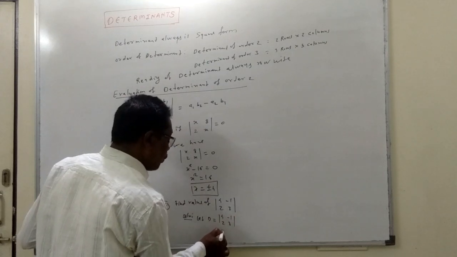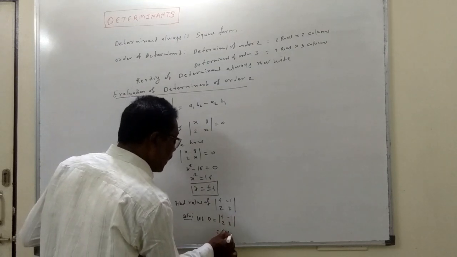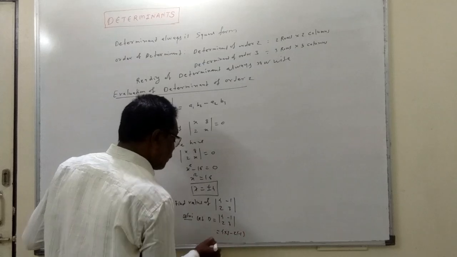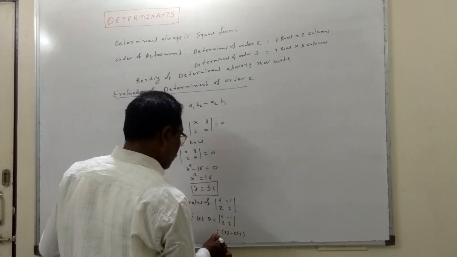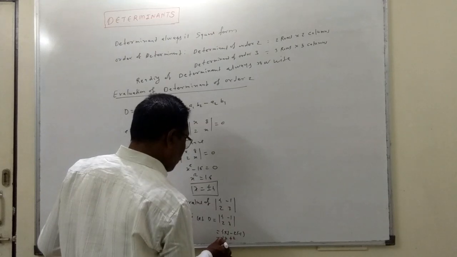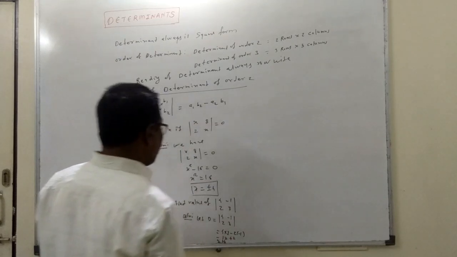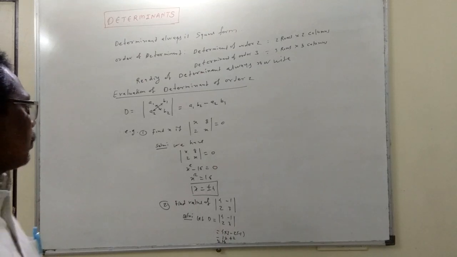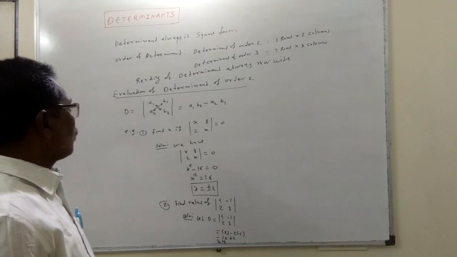So that is equal to 4 into 3 minus 2 into minus 1. So that is equal to 12 minus minus, plus 2. So that is equal to 14. So in this way we can evaluate the determinant of order 2.